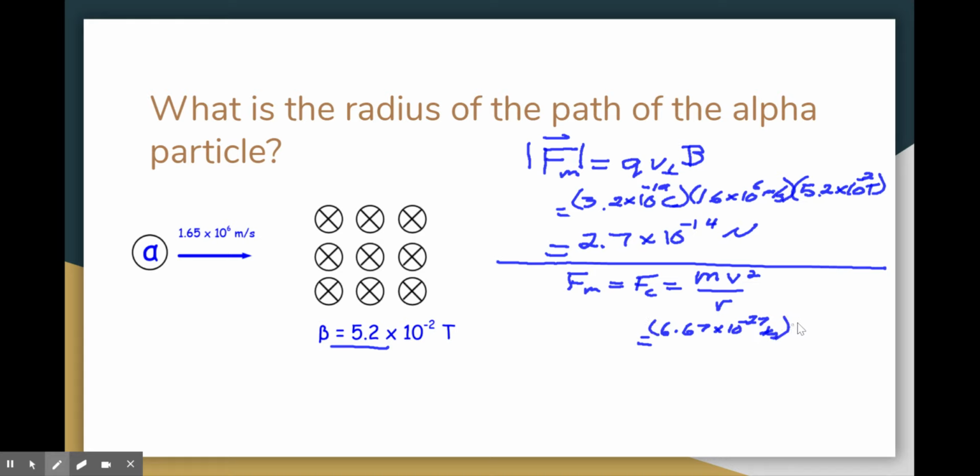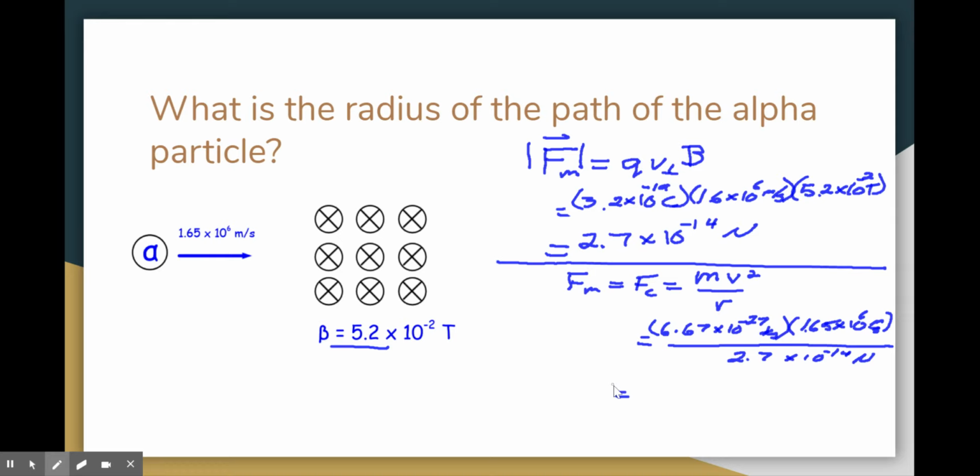Multiply that by the speed of the alpha particle, 1.65 times 10 to the 6 meters per second, and then divide all of that by the radius, and the force we just calculated is 2.7 times 10 to the minus 14 newtons.